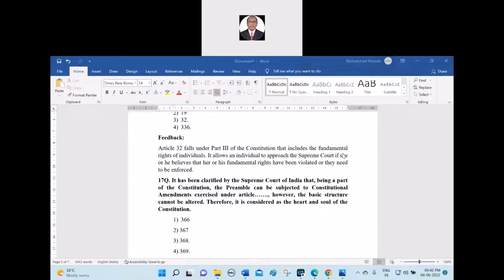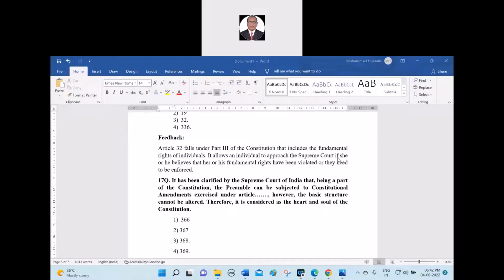And the supplementary question: in which year, in which amendment, was the right to property removed from there? They may ask you in that way also. And Article 19(1) has certain exceptions. In which article and sub-article are the exceptions given?